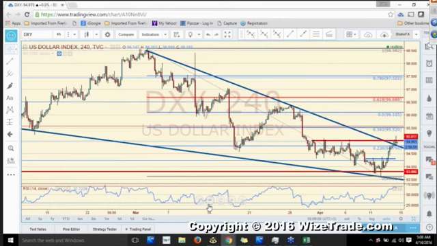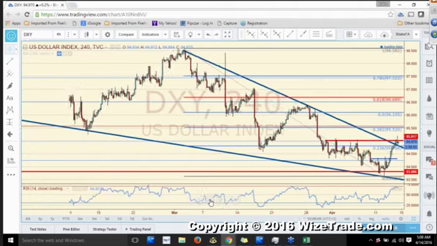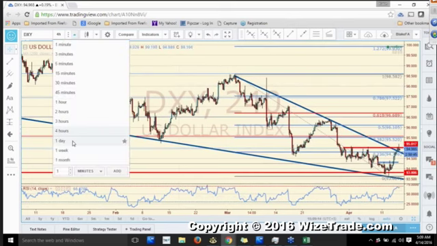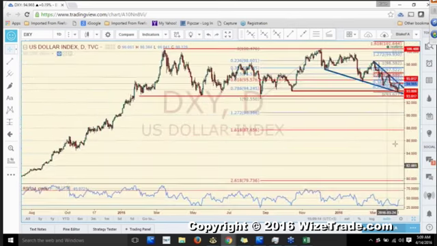Now, you guys know the technical reasons why I've been looking to be on the long side. We had a descending wedge, what I think is a descending wedge. We are at the lower end of our range, right? We're at the lower end of our range.